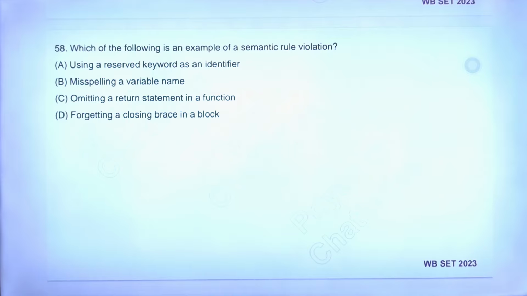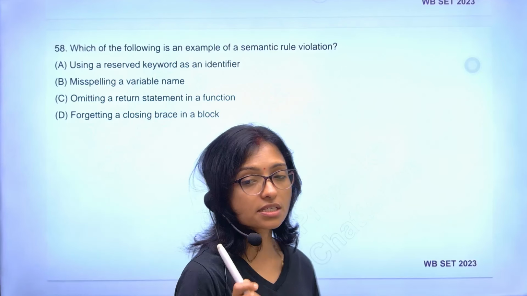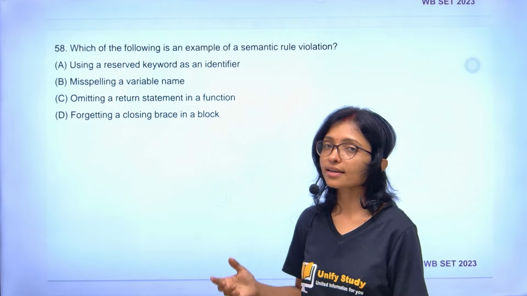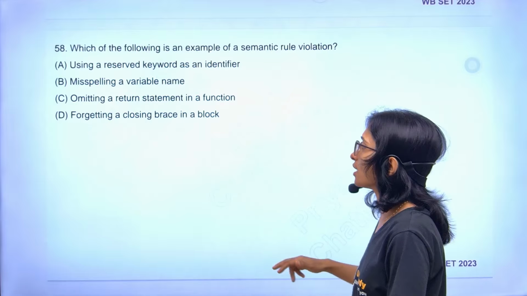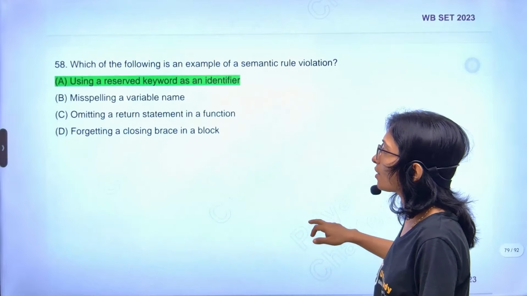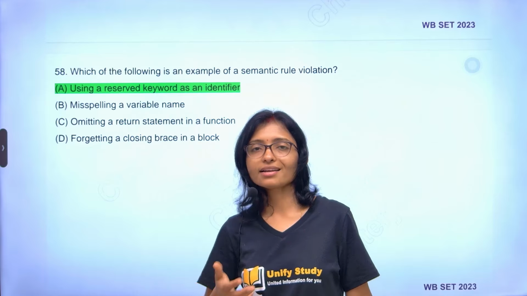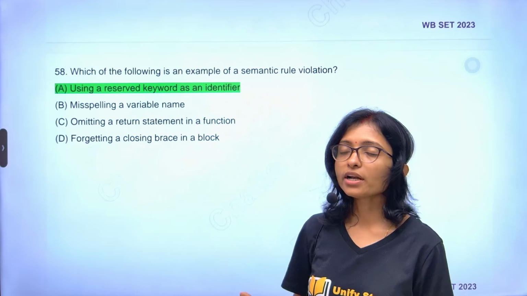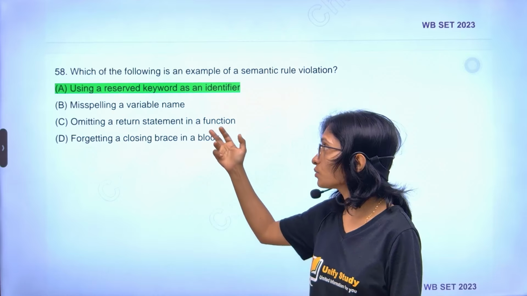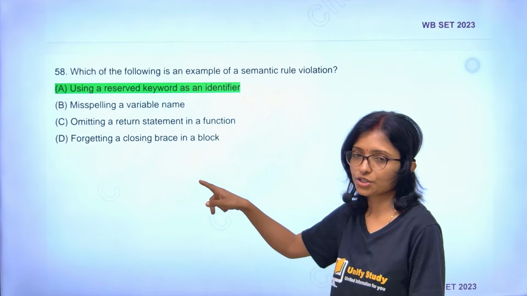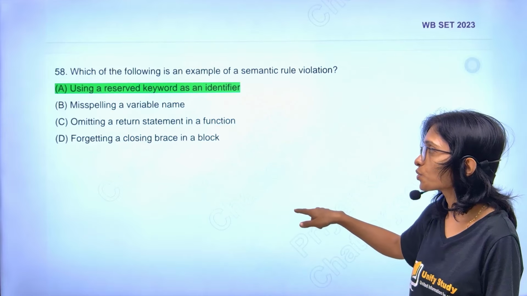Which one is a logical error? Which one is a semantic error? Nowadays this type of question is very popular: semantic error, syntactical error, logical error. So semantic error means here reserved keyword. There are so many reserved keywords, right? Int, char, point, if you are using these keywords as an identifier, then this is a semantic violation. So your answer is option A.